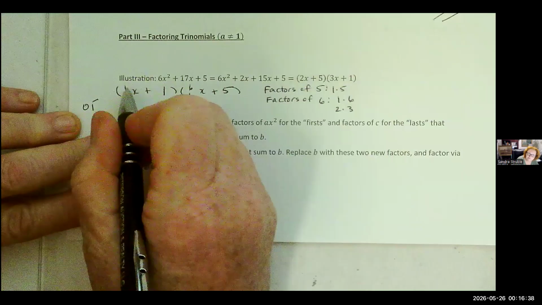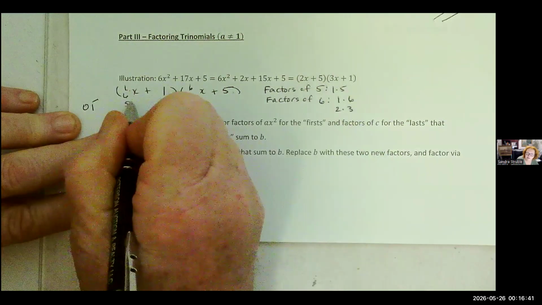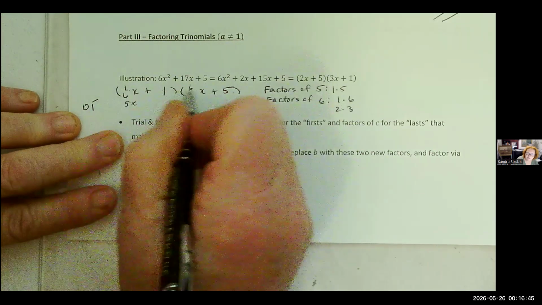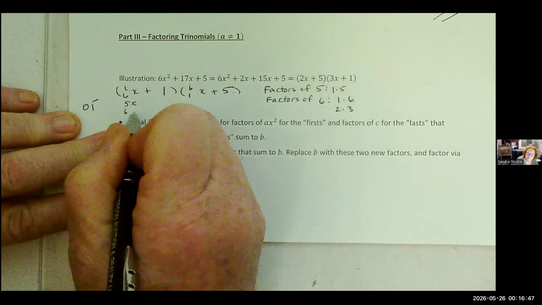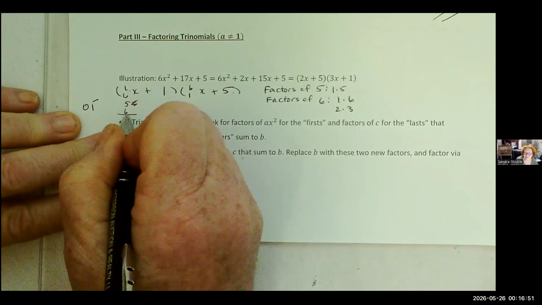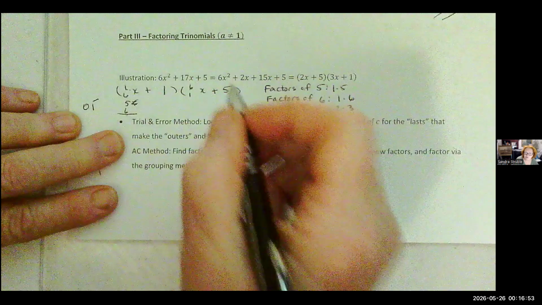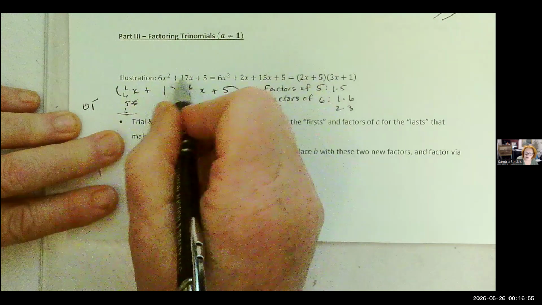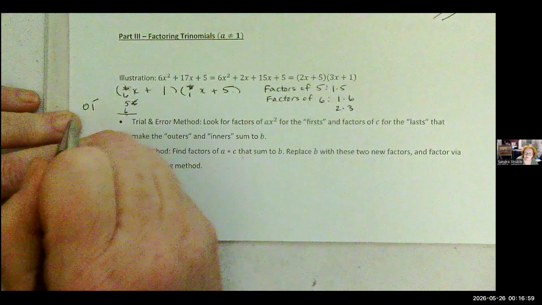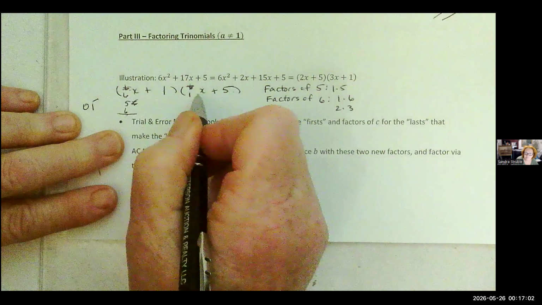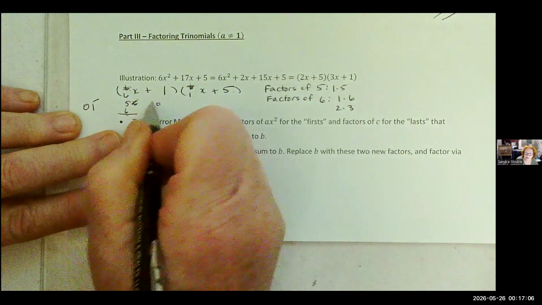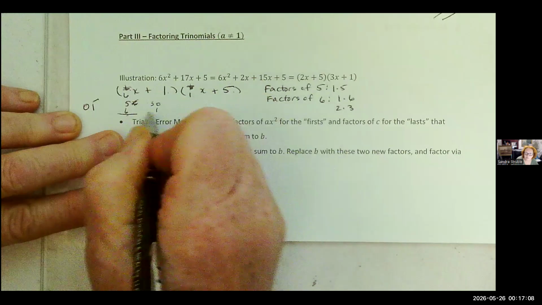And then 1 times 6 is 6. These two numbers need to add up. The 5 plus the 6, and remember it's a sum because everything's positive, need to add up to 17. They do not. So 1 and 6 do not work. Now I check my 6 and 1. 6 times 5 is 30. That's my outer. 1 times 1 is my inner. These do not add up to 17. So these don't work either.